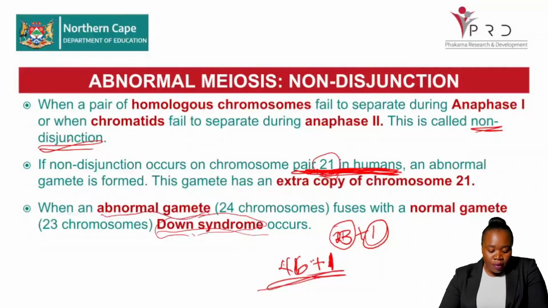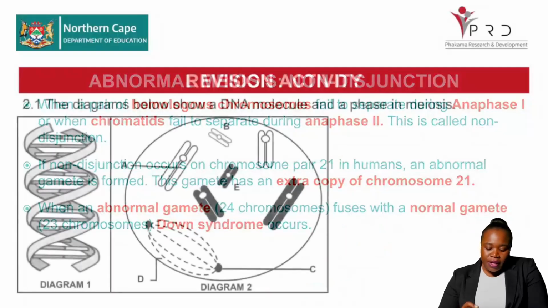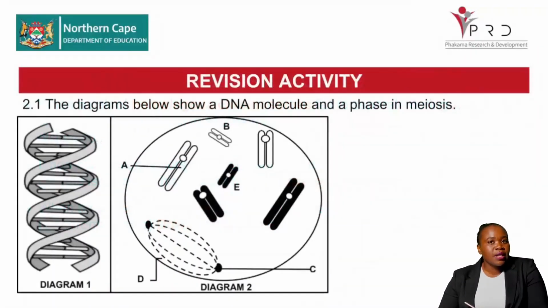So when an abnormal gamete with 24 chromosomes fuses with a normal gamete with 23 chromosomes, then that is how Down syndrome would occur. Remember, Down syndrome only occurs if non-disjunction takes place on chromosome pair number 21 in humans. If the non-disjunction takes place elsewhere, it is not going to lead to Down syndrome.